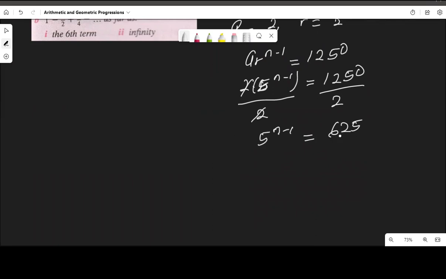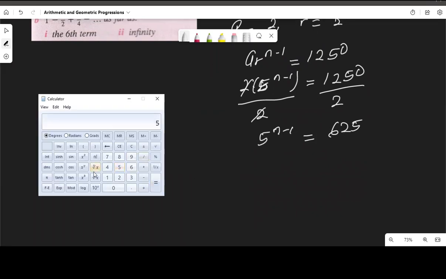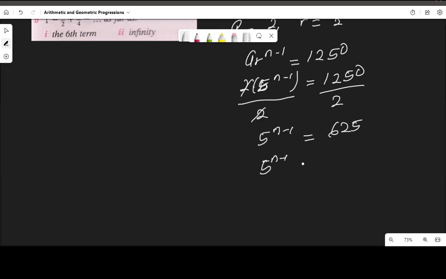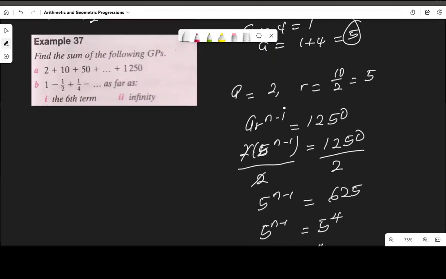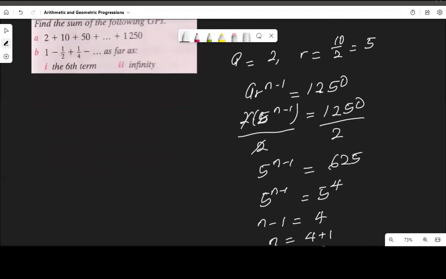I want to express this as 5 to the power of something also: 5 to the power of 4. So 5 to the power of n minus 1 is equal to 5 to the power of 4. The bases are the same, so we can equate the powers, meaning n minus 1 is equal to 4. N therefore is 4 plus 1. N is 5.